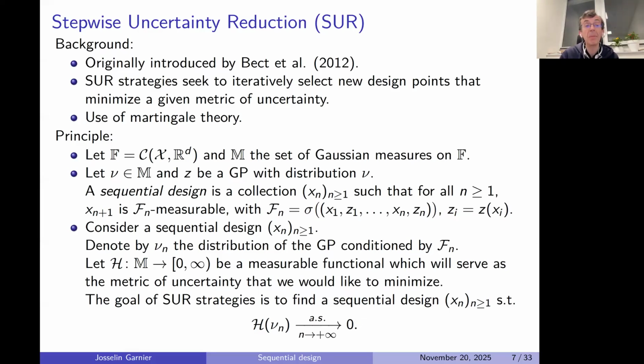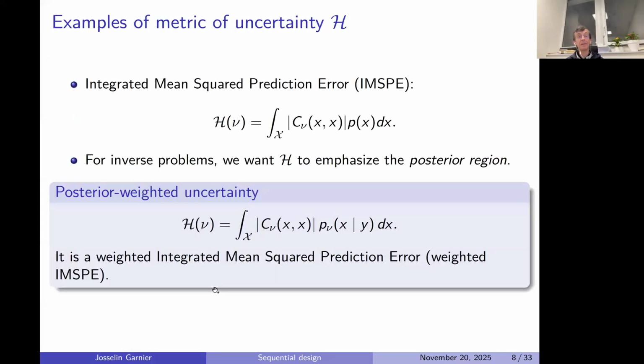So now what is a good metric of uncertainty? Okay, in fact, the first that you may think of is the integrated mean squared prediction error, where you look at the variance at point x, so it's C_nu of x. You take its determinant if it is a multi-output Gaussian process, otherwise you don't take an absolute value because it's always positive. So this is indeed a measure of the uncertainty of your Gaussian process at point x.